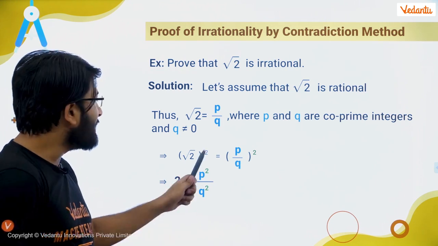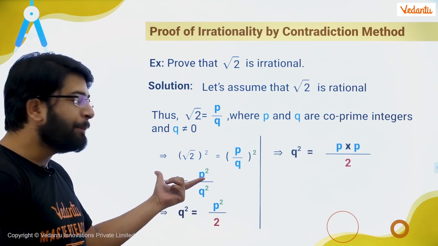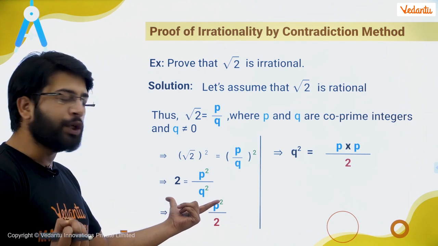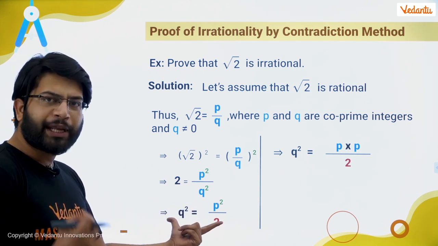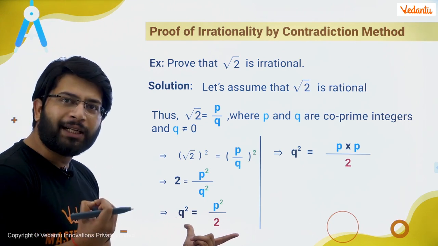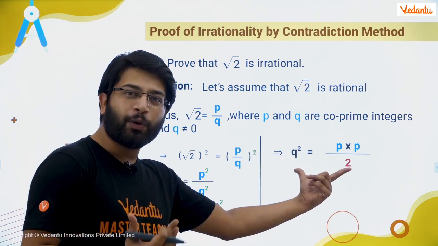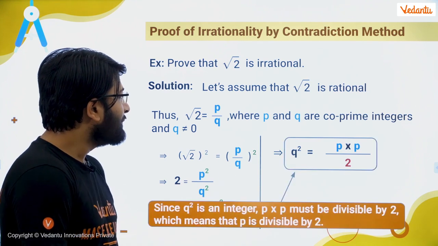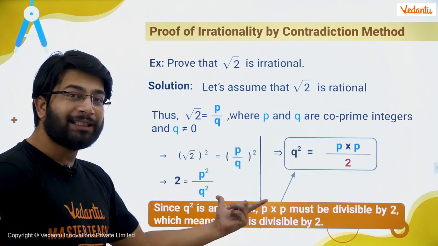Right champ? Now after this what to do? Simple. After rearranging this equation, we will get Q square equal to P square upon 2, which can be written as Q square equal to P into P by 2. Now champ, I know that this Q square is an integer.